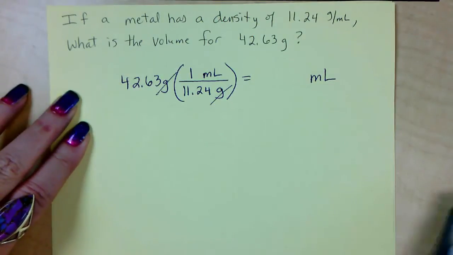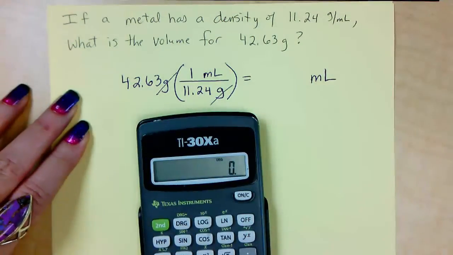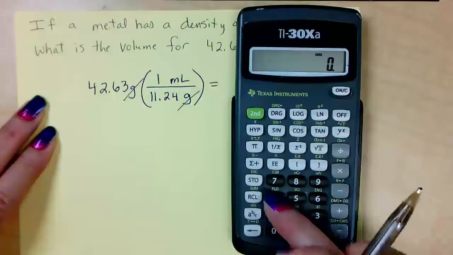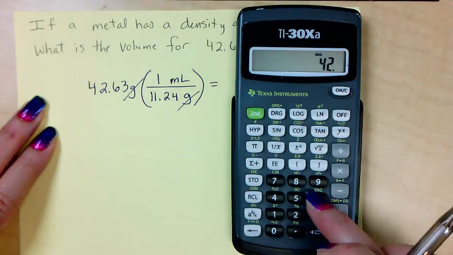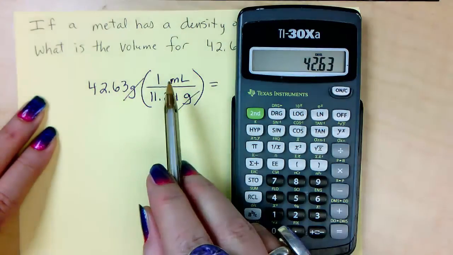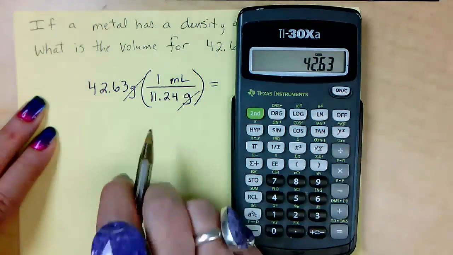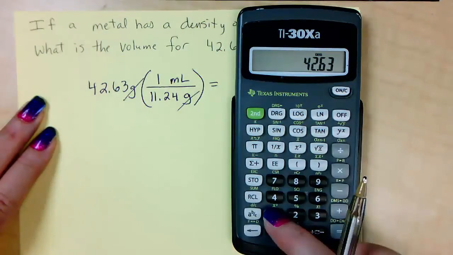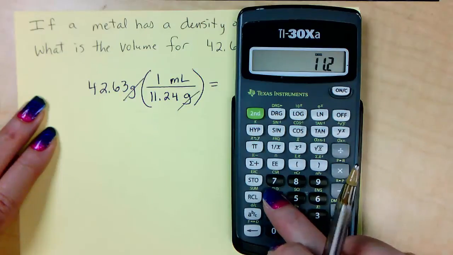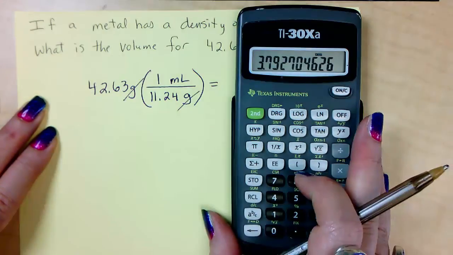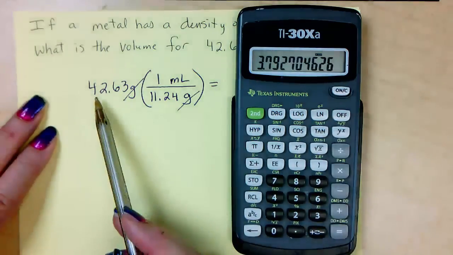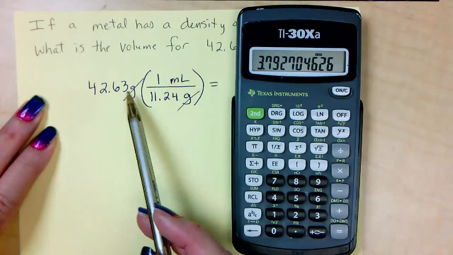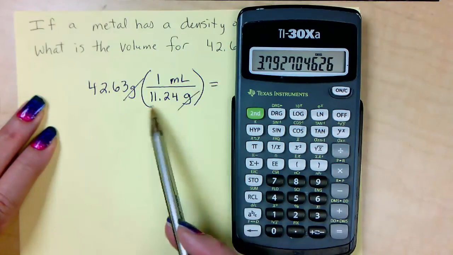So we're ready for our calculator. We've got 42.63, and then times 1 doesn't change anything, and then divided by 11.24 equals, how many sig figs? Let's look. The mass has 4, the density also has 4.